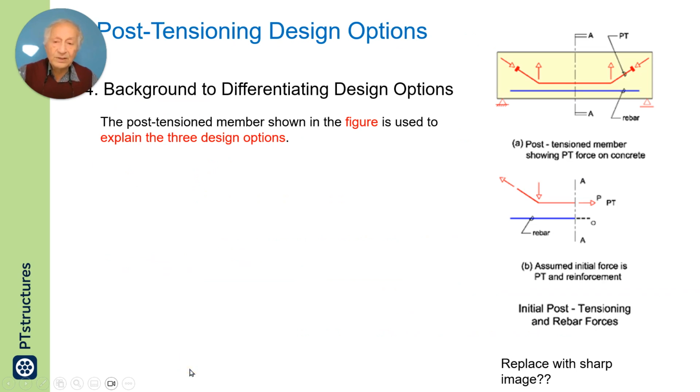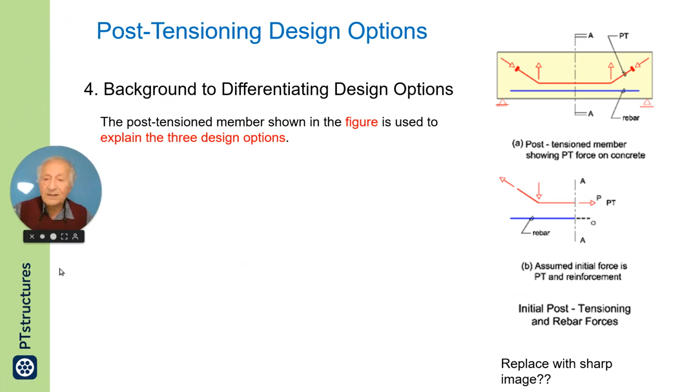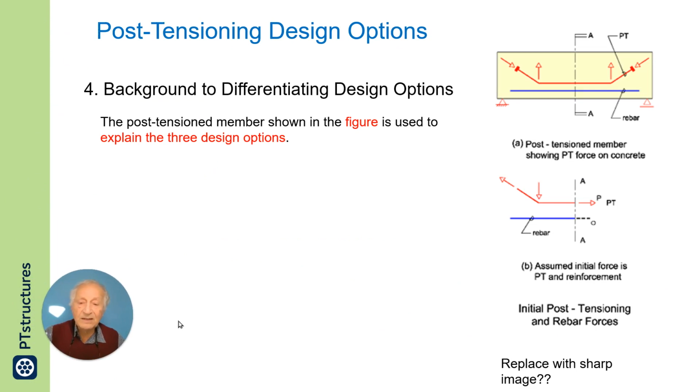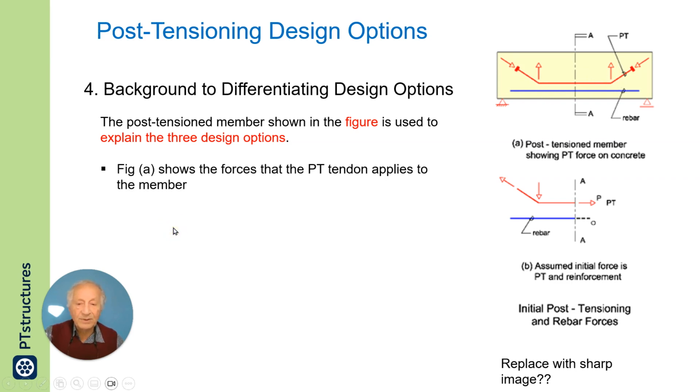Now I'm going to give you the background, what is really the difference between the three, one step deeper. The figure here shows a member which is post-tensioned, and it has a rebar. And here are the forces that this post-tensioned tendon is applying to the member.